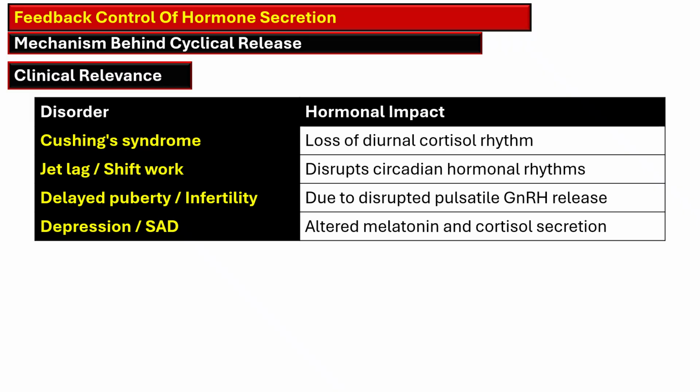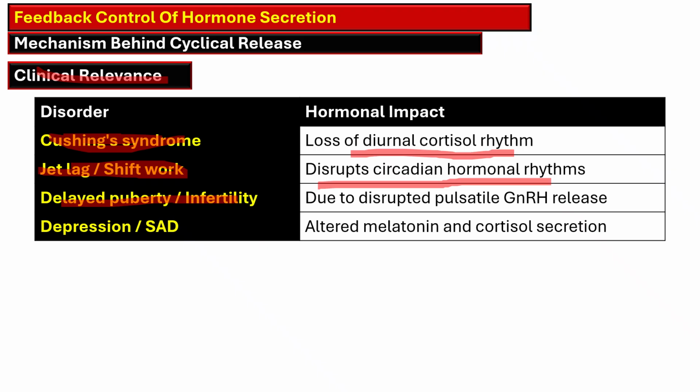So this cyclical release of the hormone has some clinical significance also, because if the diurnal cortisol rhythm is lost, it may result in Cushing syndrome. In jet lag or shift workers, circadian hormonal rhythms are also disrupted.